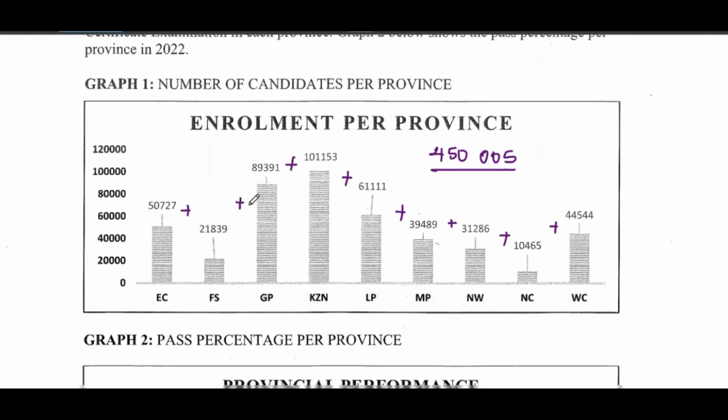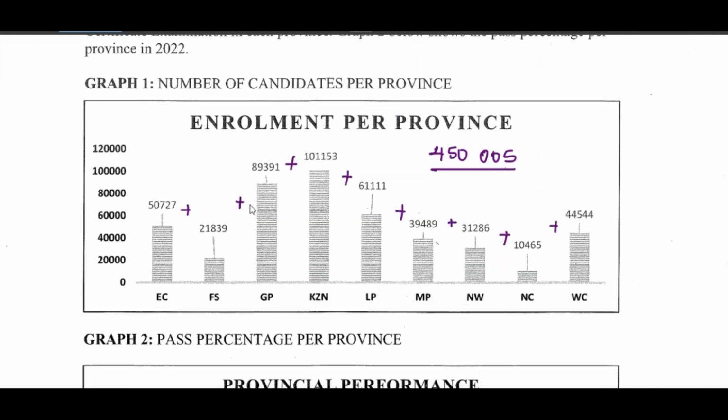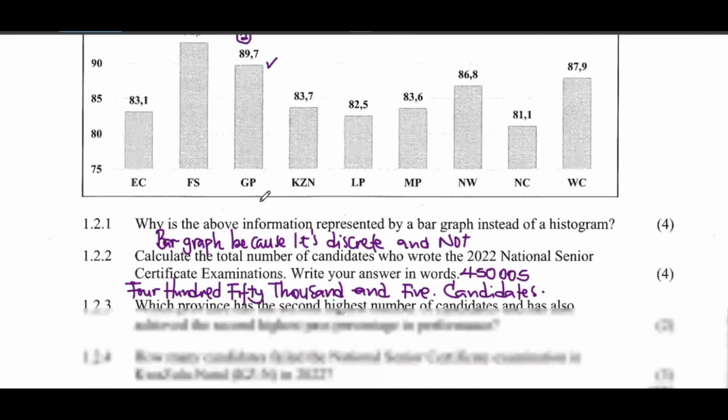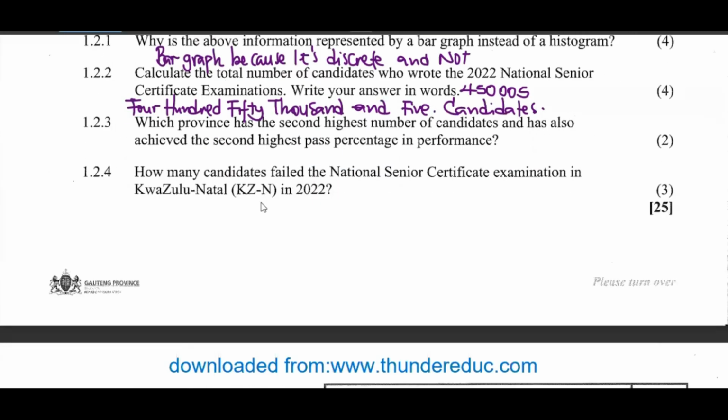Second highest, still. This is the highest, followed by that. So the second highest is GP. You can write it in full. You write Gauteng, and because in the question paper they didn't write it in full, you can also leave it like that, but it's supposed to be Gauteng province.